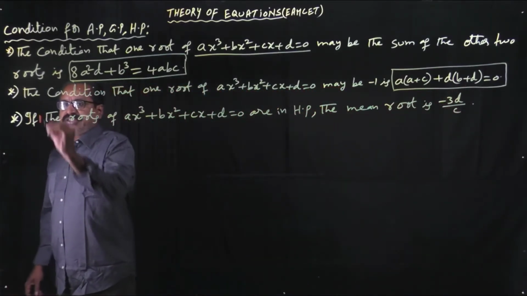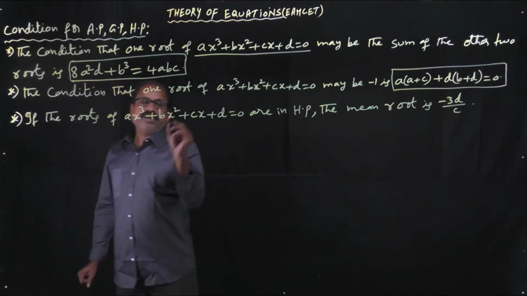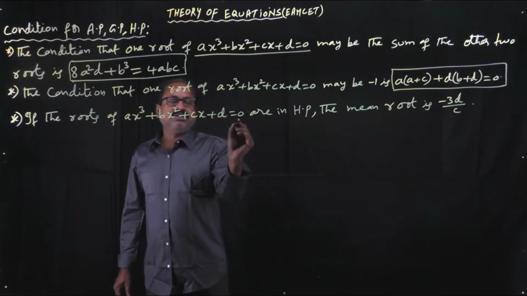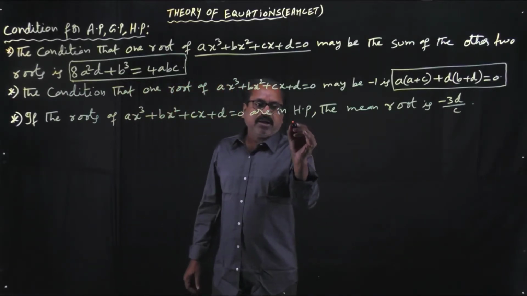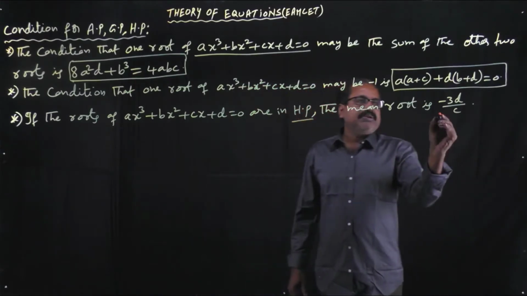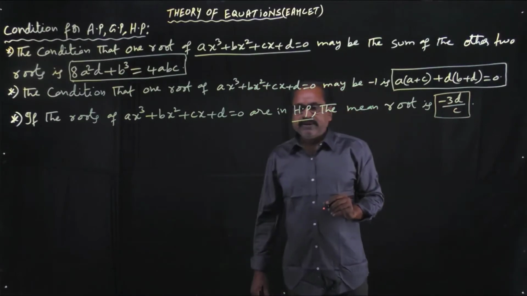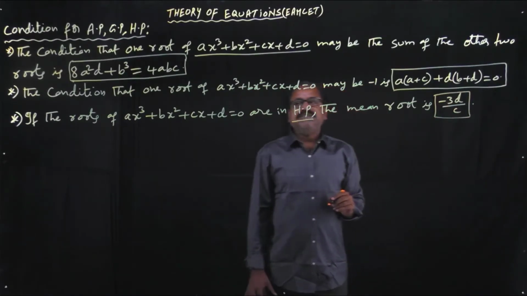Next concept: if the roots of ax cube plus bx square plus cx plus d equals 0 are in harmonic progression, the mean root is minus 3d by c.